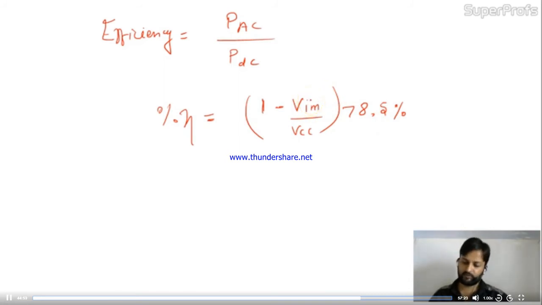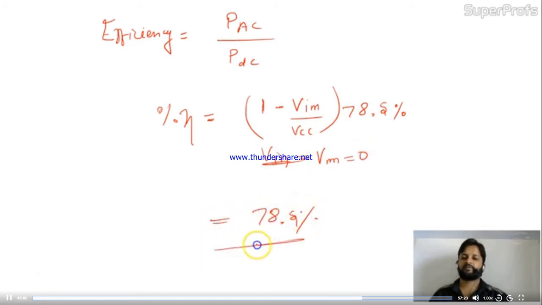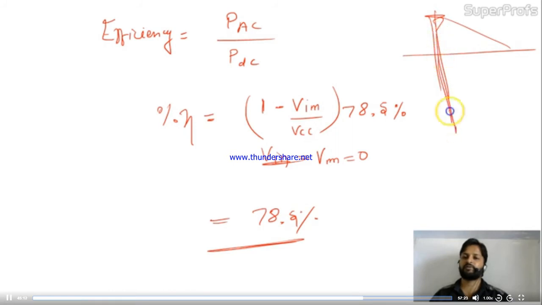So when V minimum is 0, you will get maximum efficiency, and that is 78.5%. So definitely, at your load line, your V minimum should be on this line, so it will not be distorted.